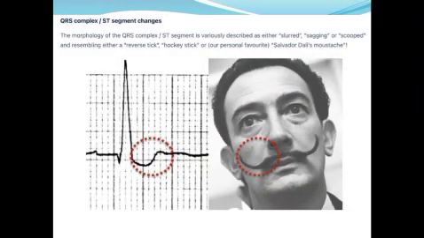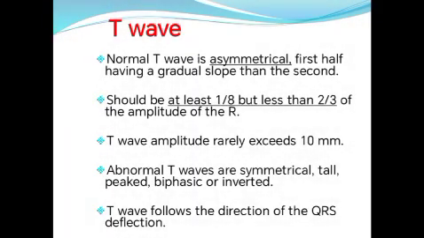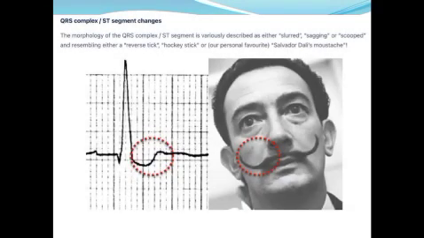About ST depression, here you see this is ST depression. This is the isoelectric line, and this is a big square like this one, and the depression here is about 2 millimeters or 2 small squares, so it is significant.